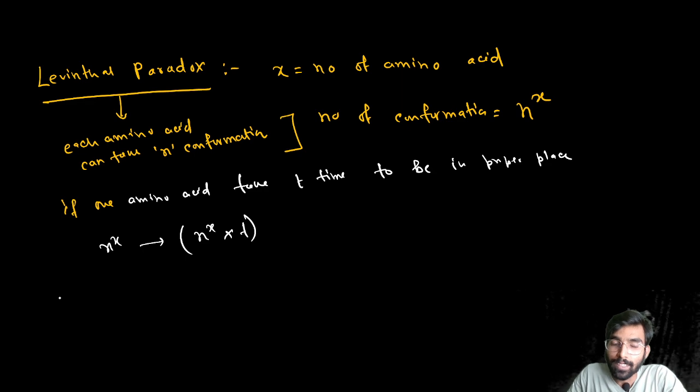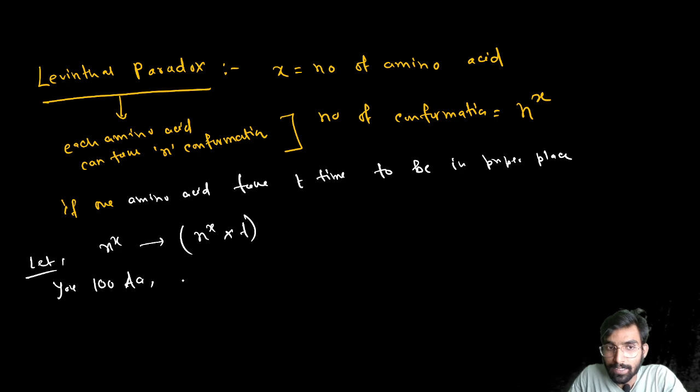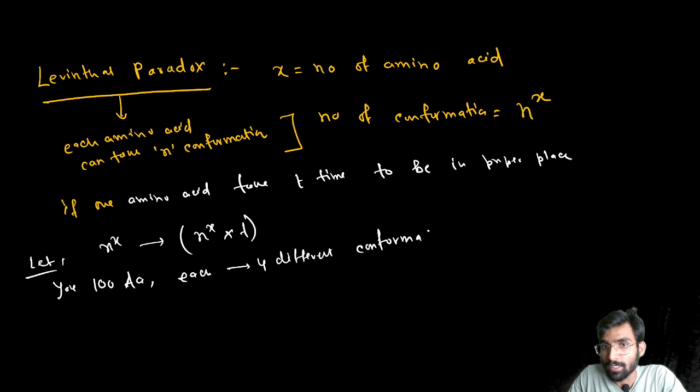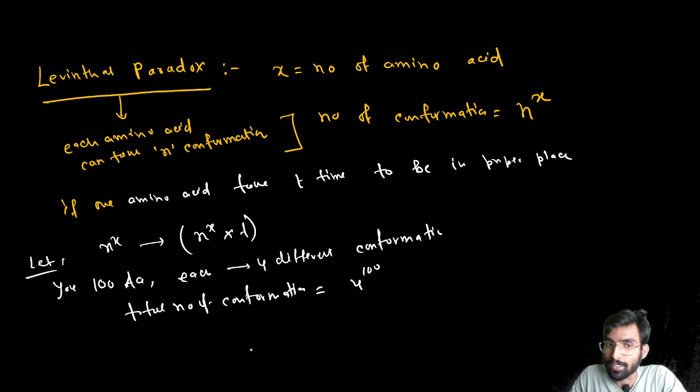Now, suppose you have 100 amino acids. Each amino acid will take four different conformations. Now, what will be the total number of conformations? That is 4 to the power 100.